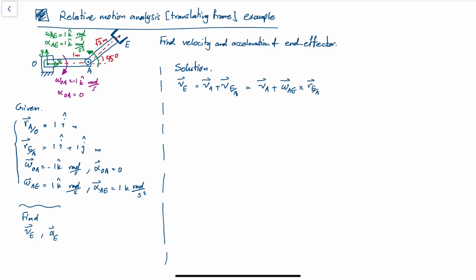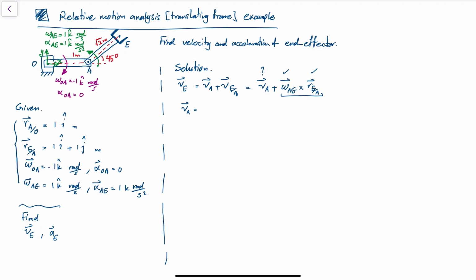And this second part is the velocity that if I had an observer sitting at point A and moving with A, this is what they would observe or measure as the velocity. So good, I know this, I know that. I don't know V of A, but what I can do first, to find V of A, I can look at link OA and I can note it's a pure rotation.